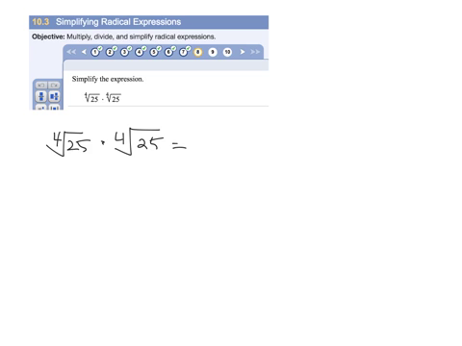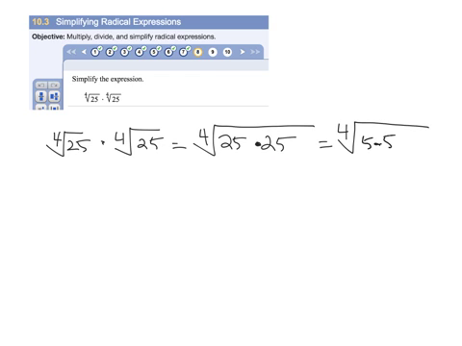So now we're going to use the rule and combine them. So you get the fourth root of 25 times 25. And what does that equal? That's the fourth root of, and now I'm going to take each of these and factor them, break them apart. So I get 5 times 5 times 5 times 5.